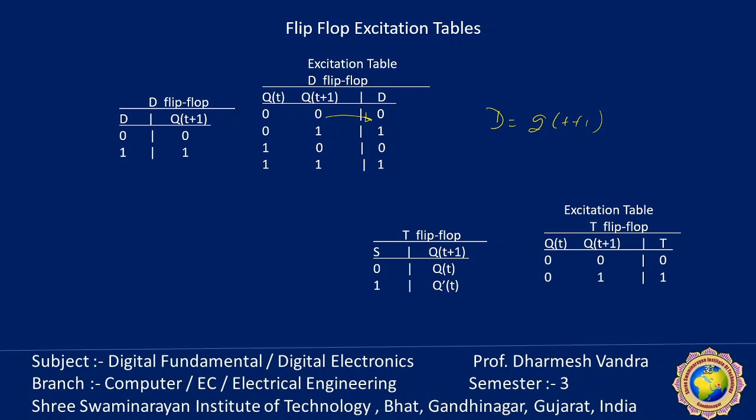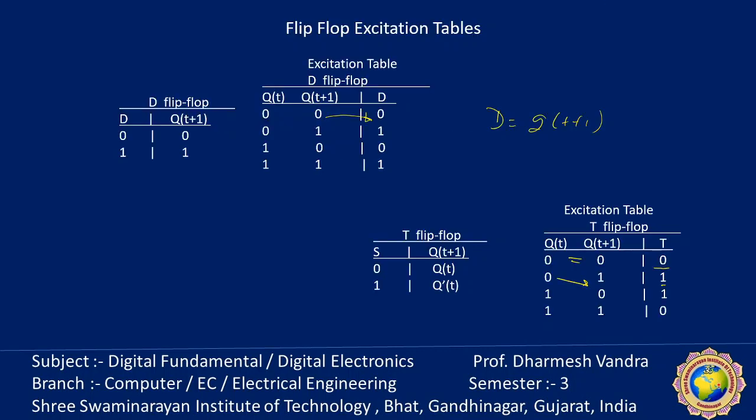If they are complement, T must be 1; if they remain the same, 0. So here T is equal to the exclusive OR of Qt and Qt+1.